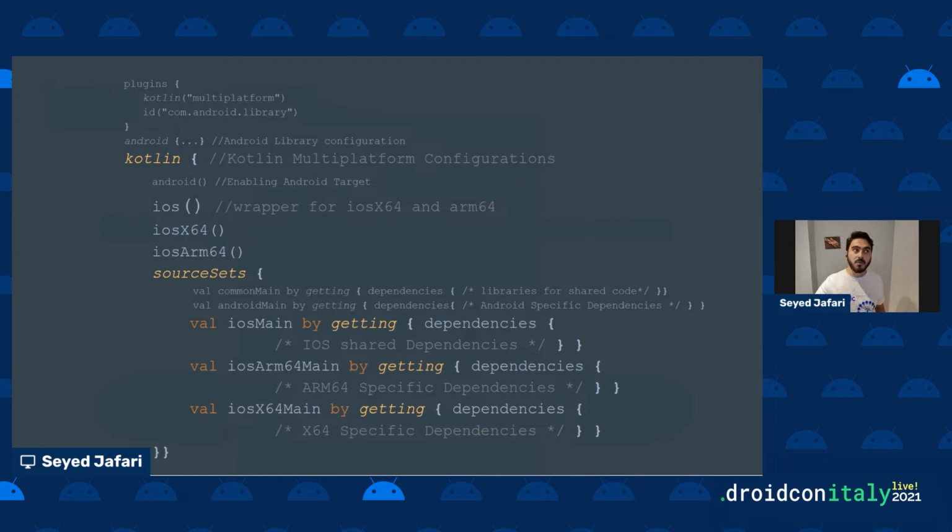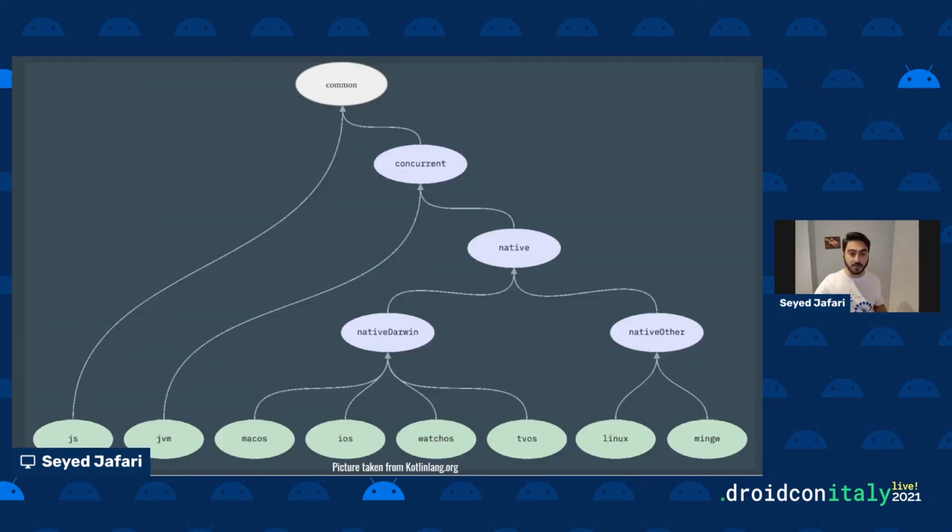But iOS is not the only hierarchy that we can benefit from. There are a bunch of other ones. Again, on the top we can go with common and then divide by concurrent. On the other side we have JS. So you can see the hierarchy is not just limited to iOS, but we can benefit in other ways from it.